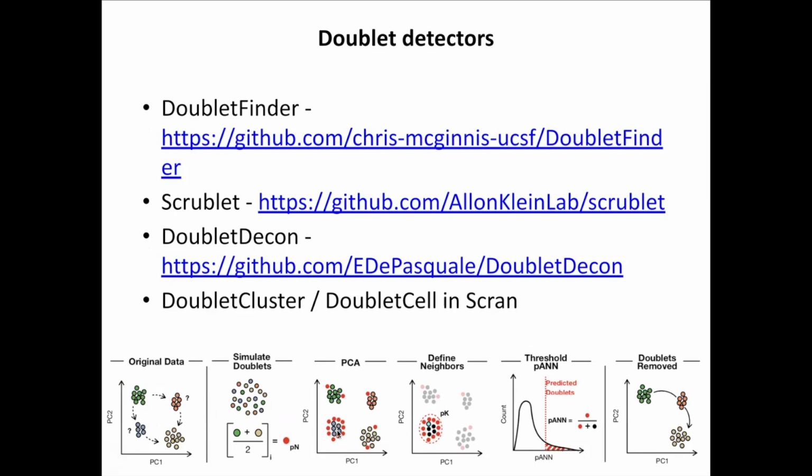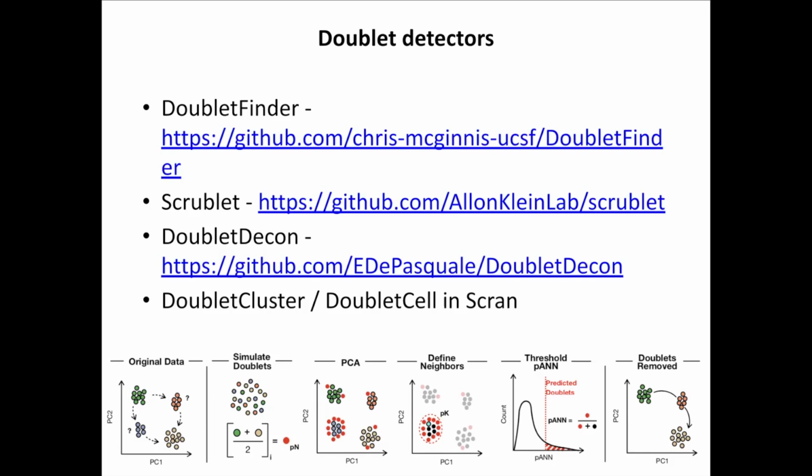And then for each cell in the data, we count how often it groups together with these simulated doublets, define some sort of cutoff, and then remove those that we think look like doublets. Exactly what algorithms and how they define these cutoffs differs a bit, but the idea is the same. Still the results are slightly different, so maybe it's a good idea to run two different tools and compare.